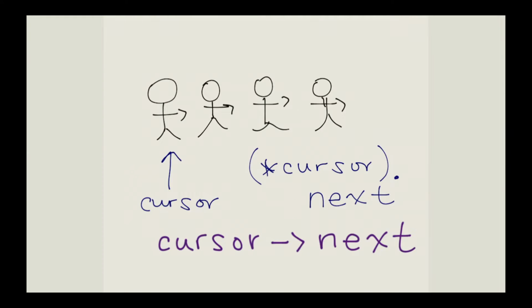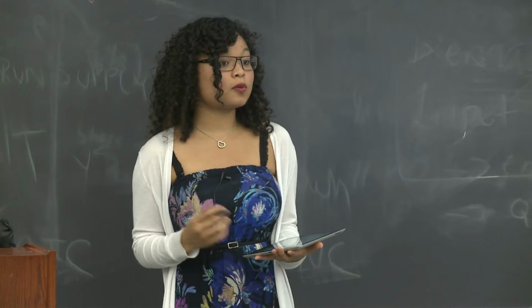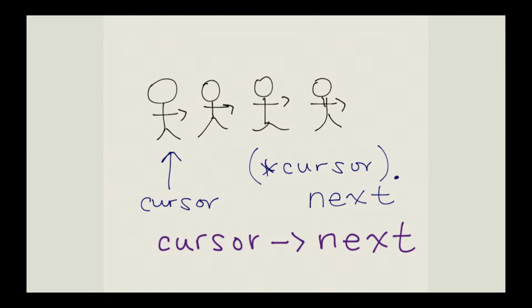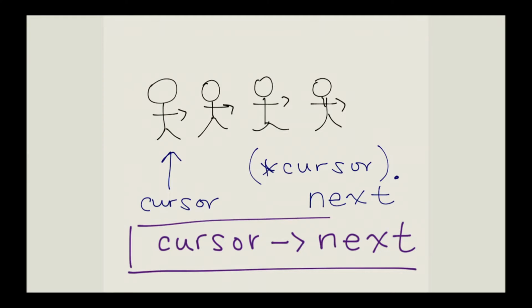That will get you the node that the cursor points to, the value of next. So instead of having the star and the dot, you're replacing that with an arrow. Be very careful to make sure that you use this syntax.